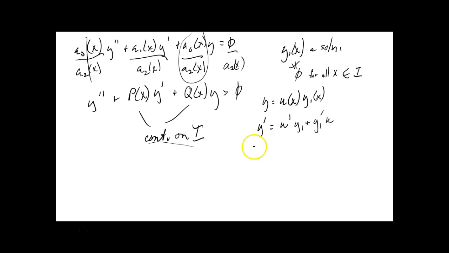Let's do it again. Y double prime then would be u double prime y1 plus y double prime, that y1 double prime u. Okay, you left off 2. You got a product rule here and a product rule here.